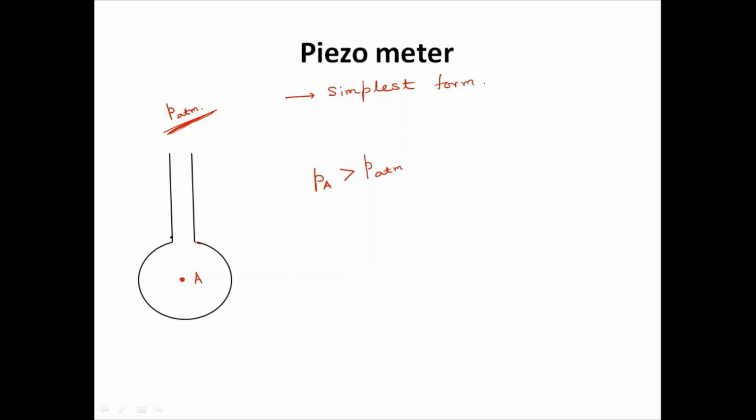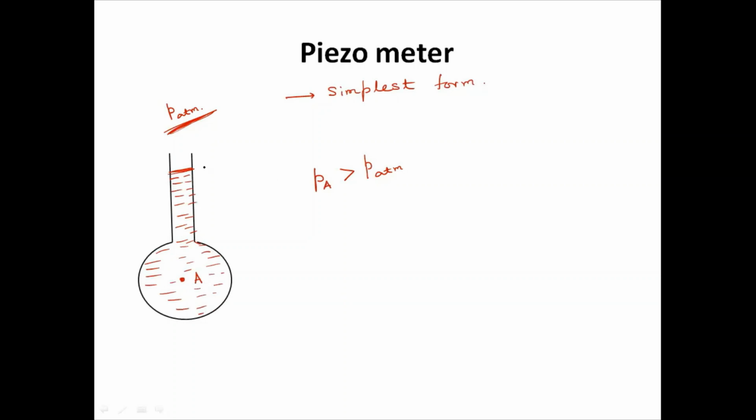Due to this, if you include one tube here, the liquid will take some level, and this level will dictate how much the pressure difference is. The simple type of manometer is the piezometer.